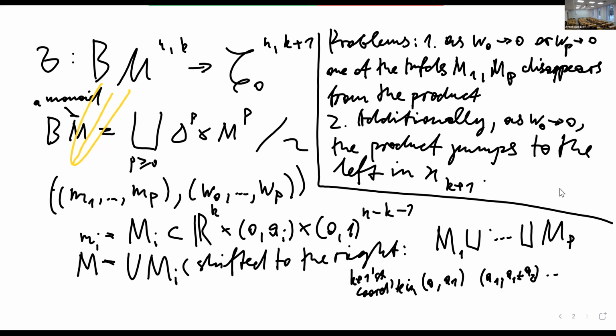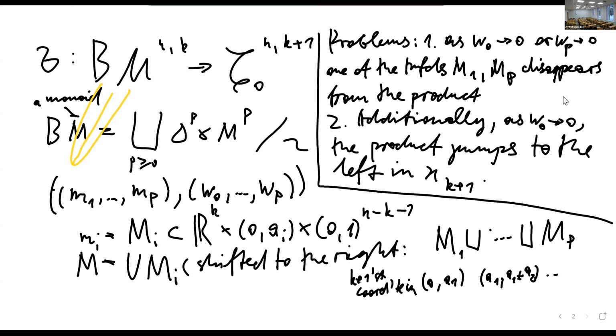So what happens when I take the limit? I have this manifold, which is the union of blah blah blah, comma the collection of the W's, and then when I take the limit, the result is identified with something which does not have an M1.